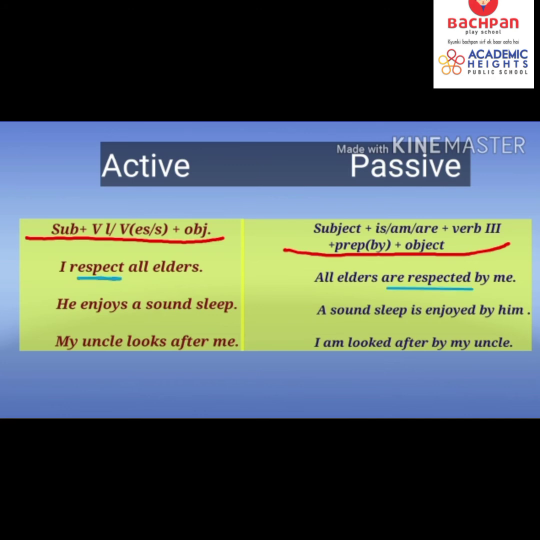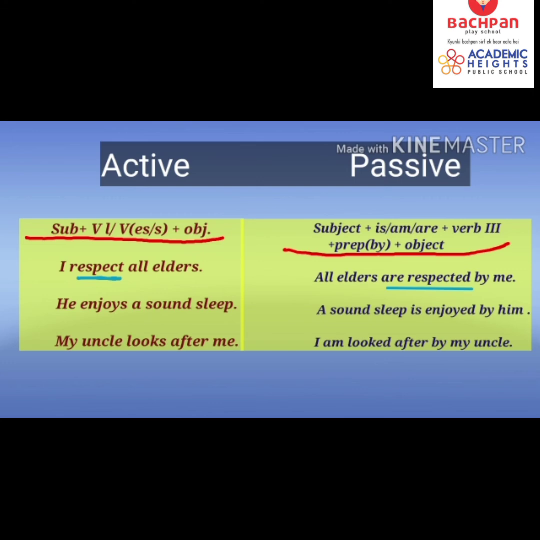Let's understand with examples. I respect all elders. All elders are respected by me. Here you can see we have written the object as the subject, then used is, am, are, then the past participle, and after using the preposition by we have written me.